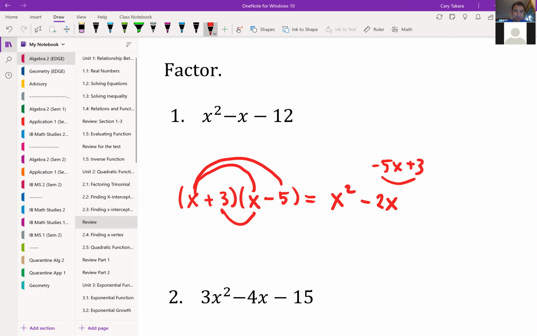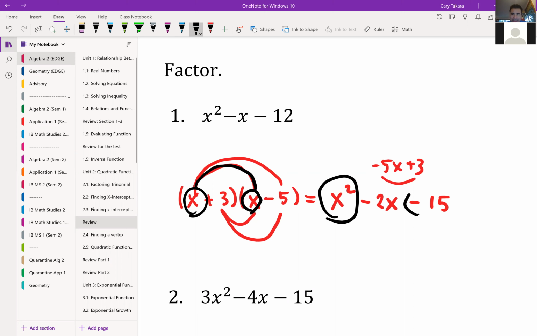And then 3 times negative 5 is negative 15, isn't it? Right? And so you notice that this x squared came from this x times x, right? And this last number, negative 15, came from 3 times negative 5.